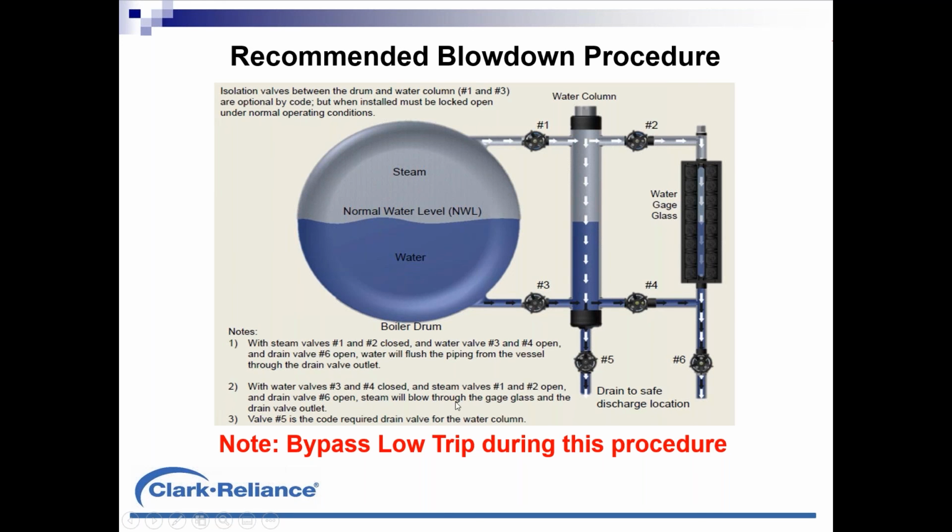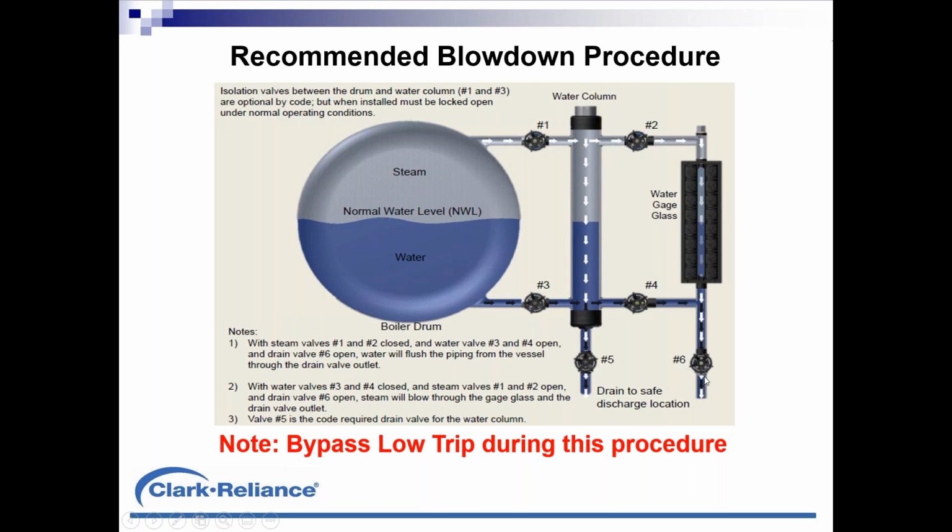If we look at this illustration, this is just a snippet of what you'd see in that blowdown procedure on our website. I'd like to show you a typical installation here where valves between the water column and the drum are optional by code, but the valves between a gauge glass or a level indicator and the drum are required.